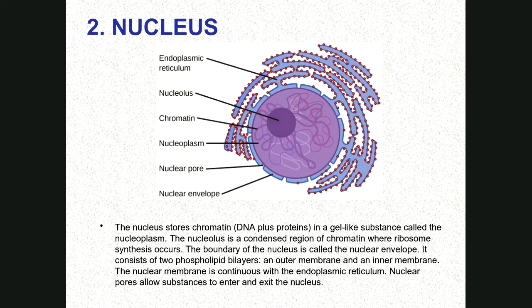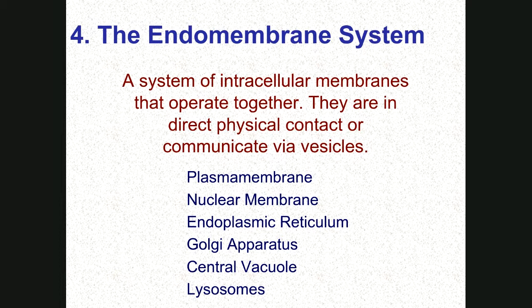It's a system that all operates together. They are either physically in contact with each other, like the nuclear envelope with the endoplasmic reticulum, or communicate with each other with vesicles.